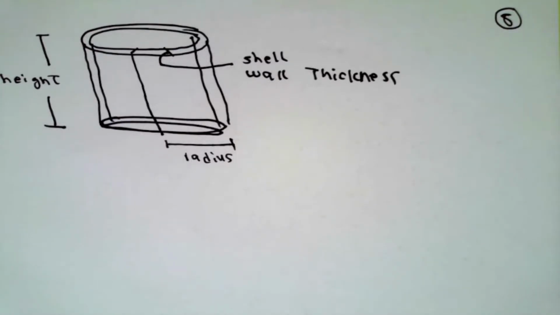By doing this, I don't change the height, I don't change the shell wall thickness, but I do change the cross-section from a circle into a line type thing. The distance around a circle is 2 pi times its radius. So when I do this, I get the following picture.